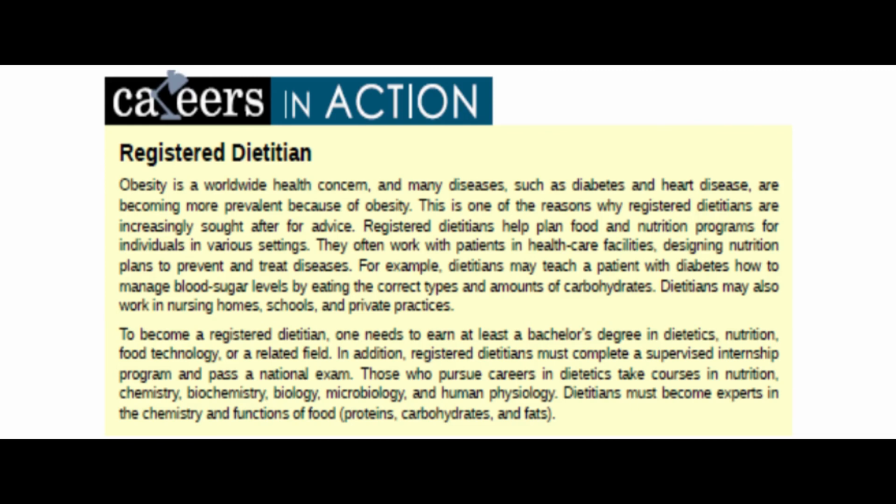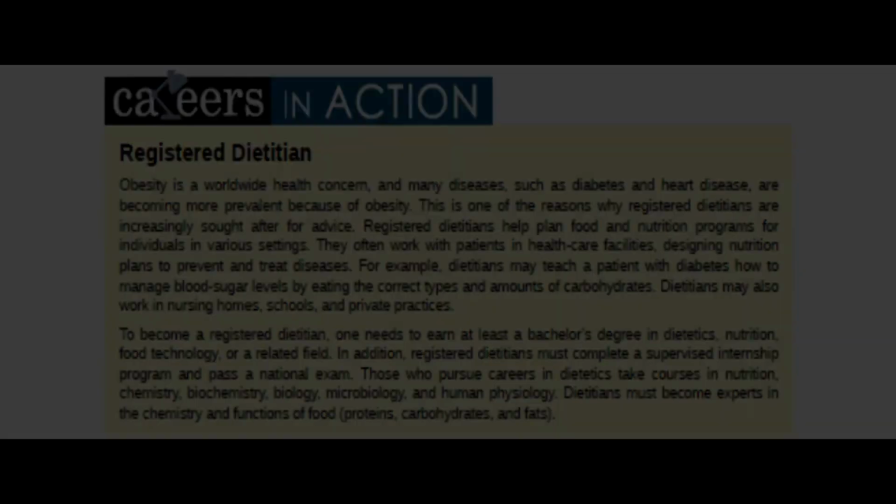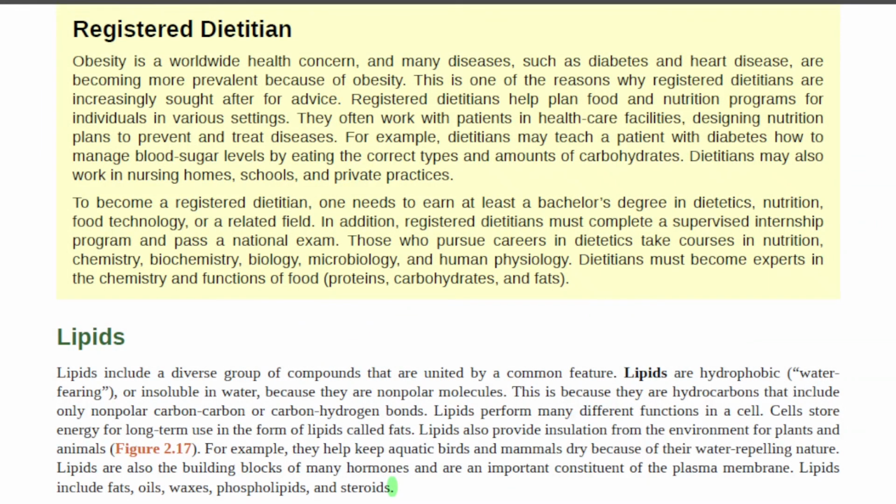Those who pursue careers in dietetics take courses in nutrition, chemistry, biochemistry, biology, microbiology, and human physiology. Dietitians must become experts in the chemistry and functions of food, proteins, carbohydrates, and fats. In our next section, we will go to lipids.